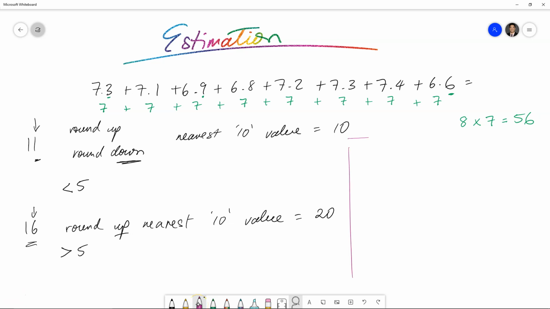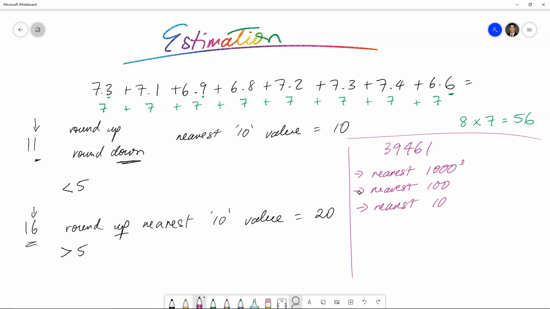Now, just to put more estimation into practice, if we had the figure 39,461 and we wanted to round off to the nearest, say, thousands. Another one, we could have the nearest 100, and a third one, we could have the nearest 10.